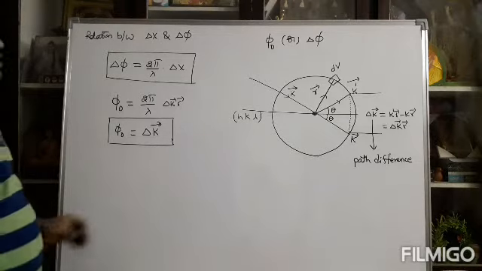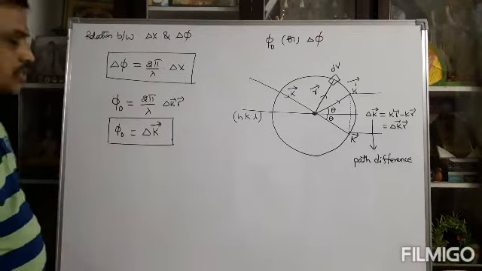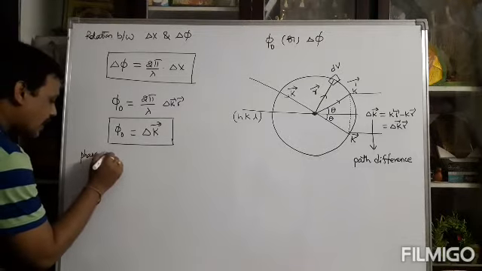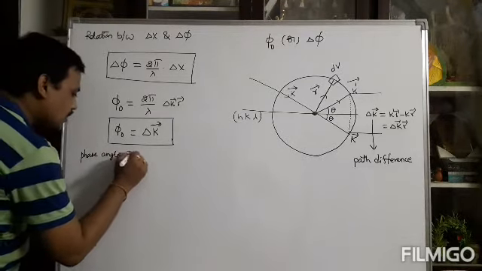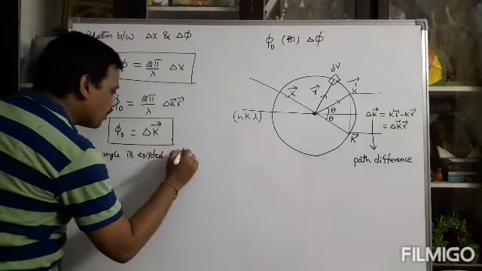So in this condition we have the path difference and phase difference. Suppose the phase angle exists, that is, phi naught exists out of phase.